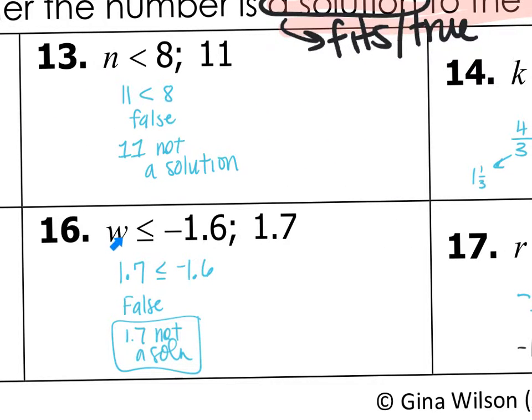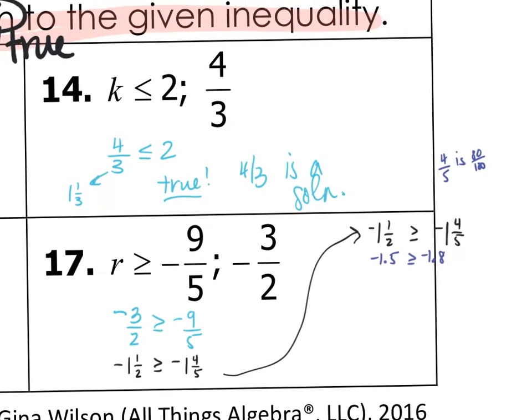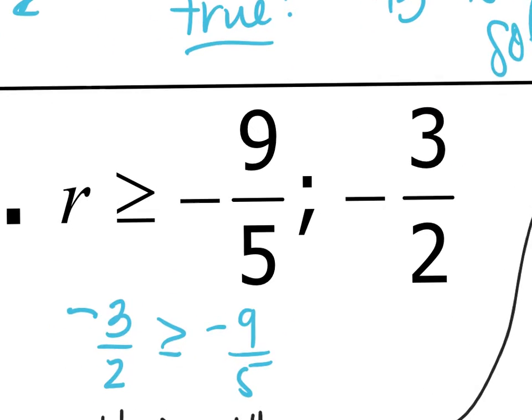Number 16, 1.7 is smaller than or equal to -1.6. That is false. 1.7 is not a solution, which brings us to 17 that required a little bit of thinking. Started with negative 3/2 is larger than or equal to negative 9/5.